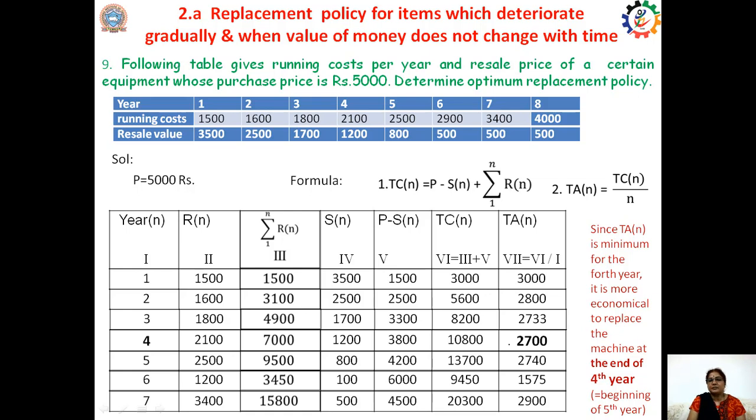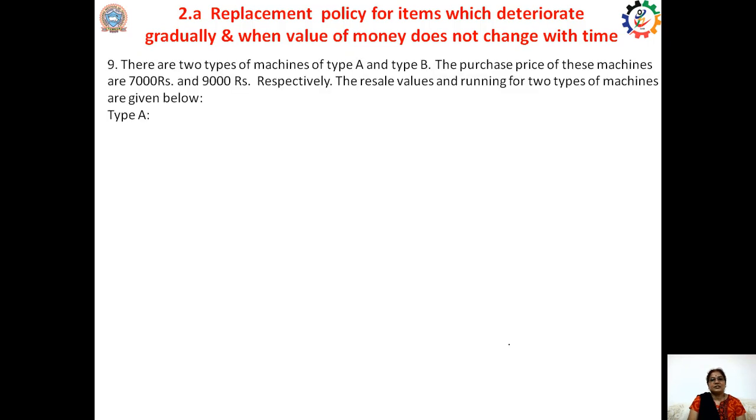So pick the minimum value 2700. Corresponding year is important here. So when to replace, this will give the answer at the end of 4th year, but you should give the justification. Why have you considered the answer 4th year? Since TA is minimum for the 4th year, it is more economical to replace the machine at the end of 4th year.